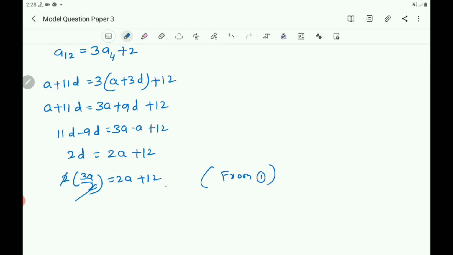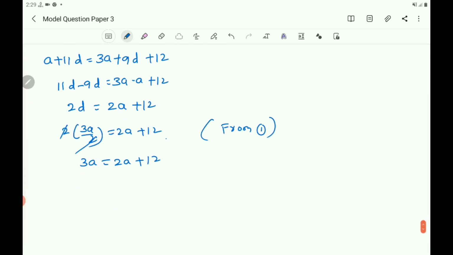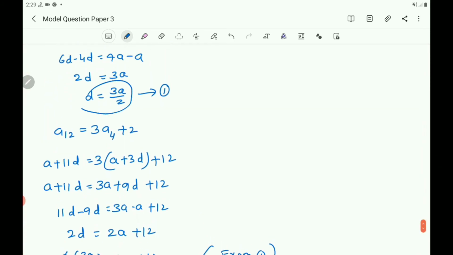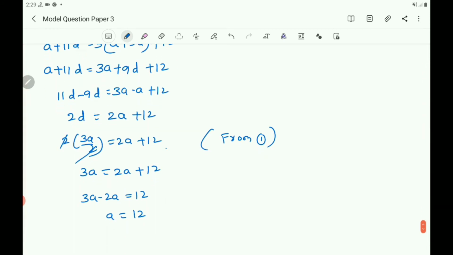Then 2 cancels. 3A equals 2A plus 12. Then you transfer 2A to the LHS. 3A minus 2A equals 12. So A equals 12 you got.